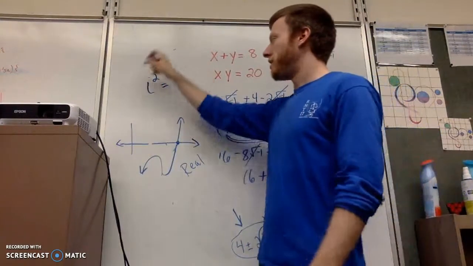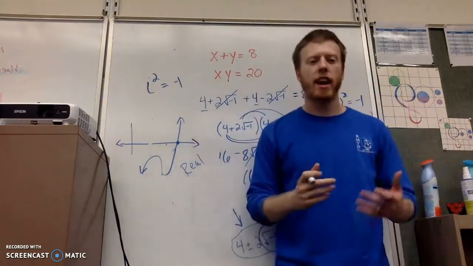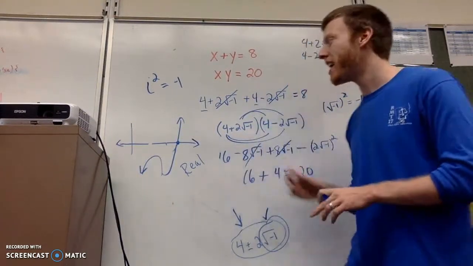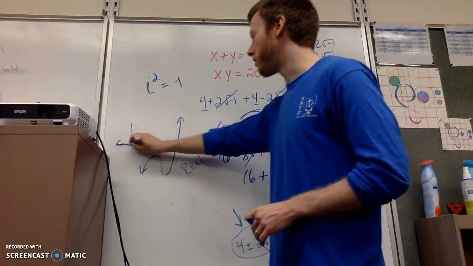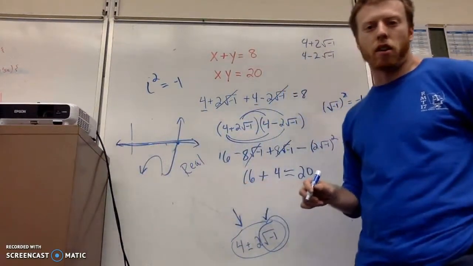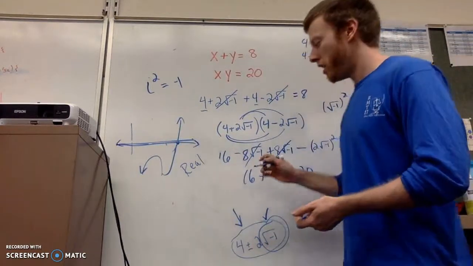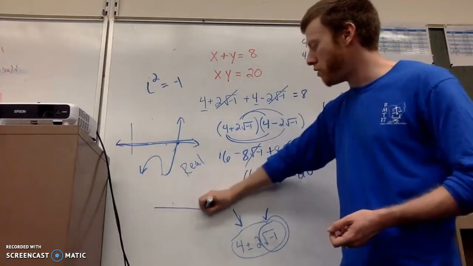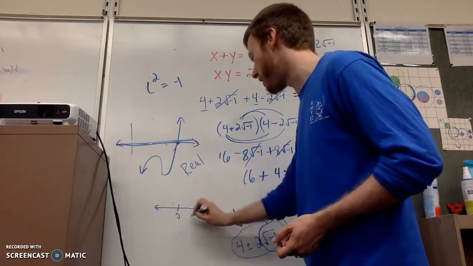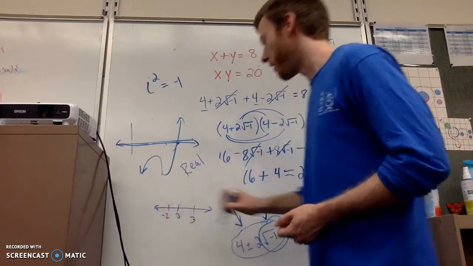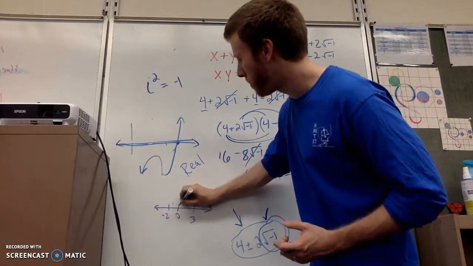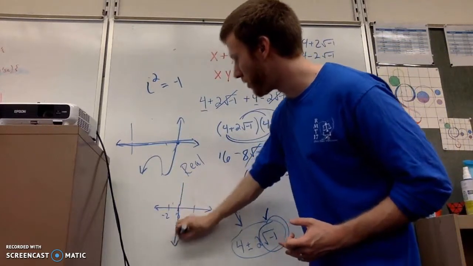This guy is not part of that order. You can't say that i is bigger than 5 or less than -2 or something like that. It does not stand on this real axis at all. Where it does exist is something called the complex plane. If this is the real number line that you know and love, here's 0, here's 3, here's -2, the imaginary numbers are actually going to be perpendicular to the real number line.